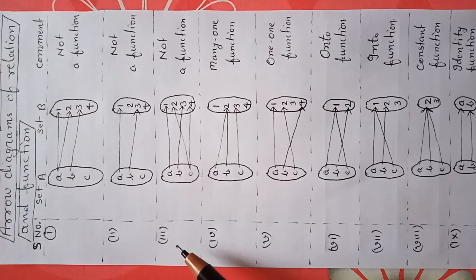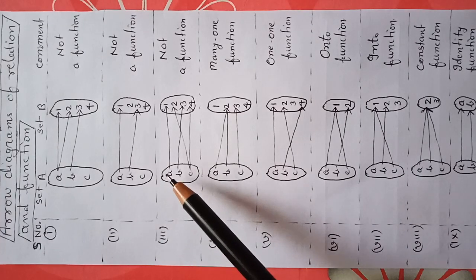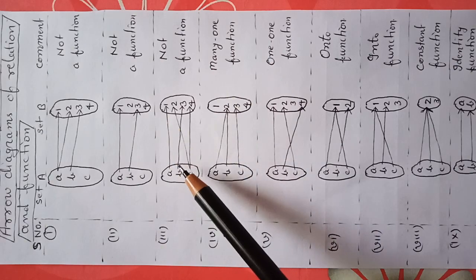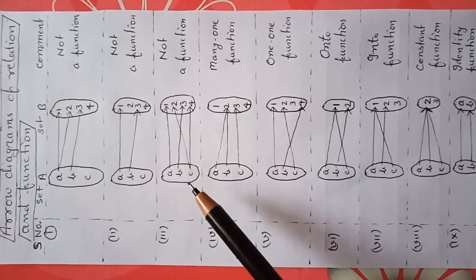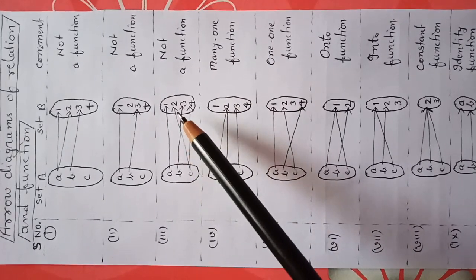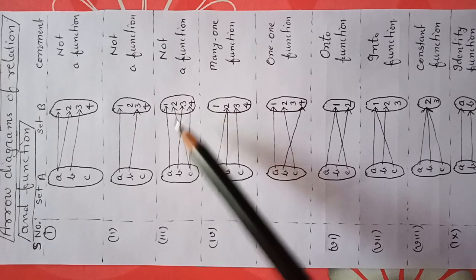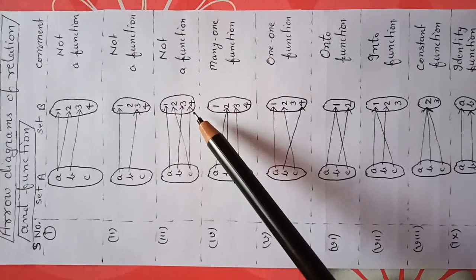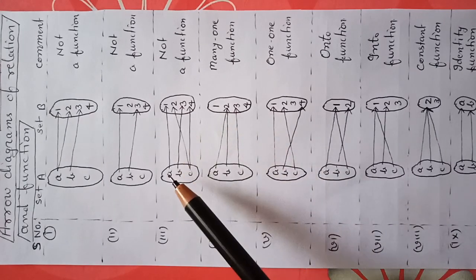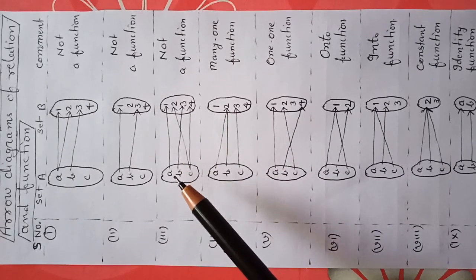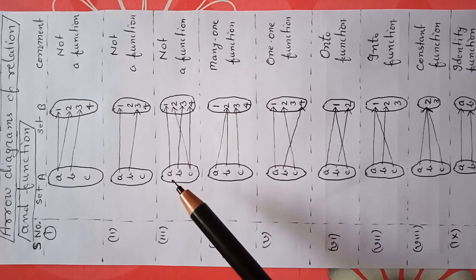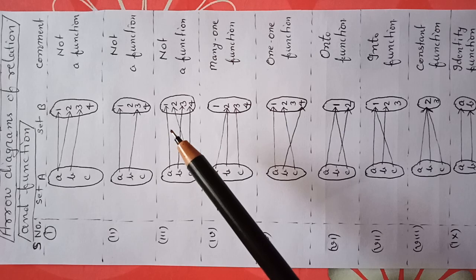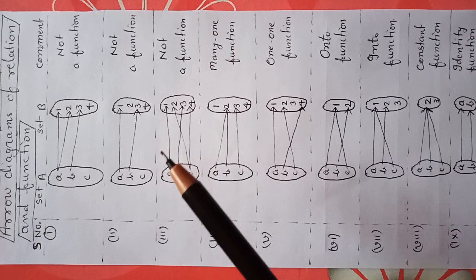If we look at the third example, A is associated with 1, B is associated with 3, C is associated with 3. That means also C is also associated with 4. Here first condition, that means every element of A must be associated with some element of B, and this condition is okay.